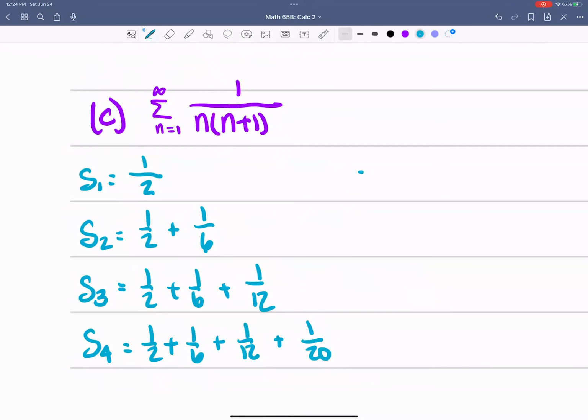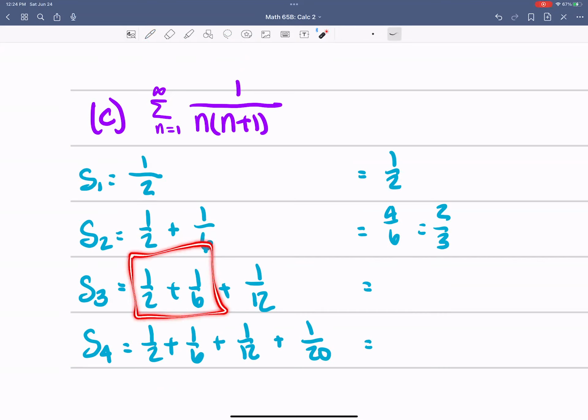Let's see if we see any sort of pattern. Here, this ends up just being 1/2. 1/2 plus 1/6: we multiply 1/2 by 3, so 3/6 plus 1/6, 4/6, or this ends up being 2/3.